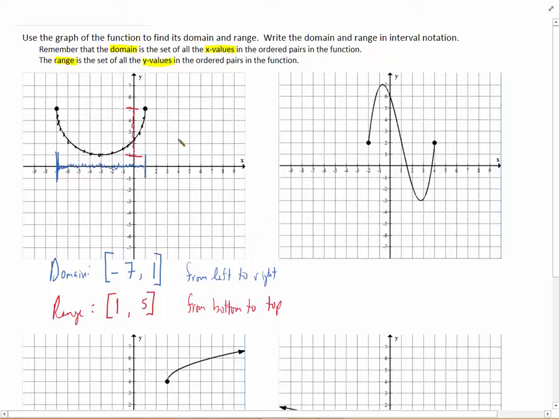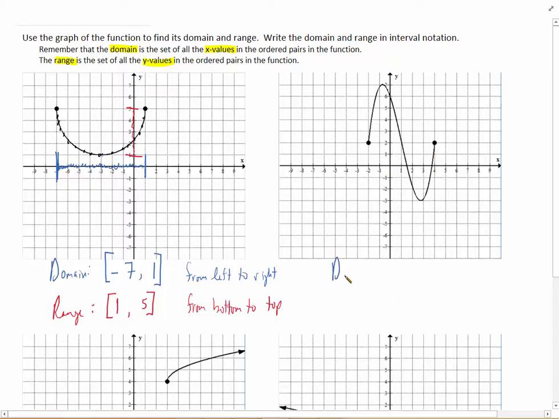Let's see another example. In the second graph, we see a curve that starts at (-2, 2). It increases for a while, gets to a high point, and then it decreases, gets to a low point, and then increases again and ends at the point (4, 2).